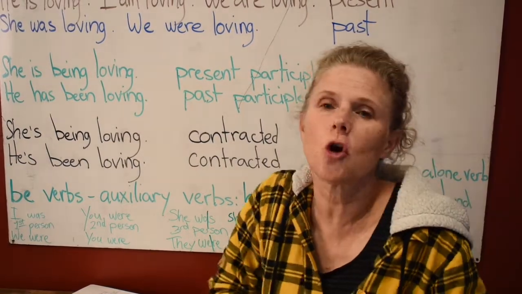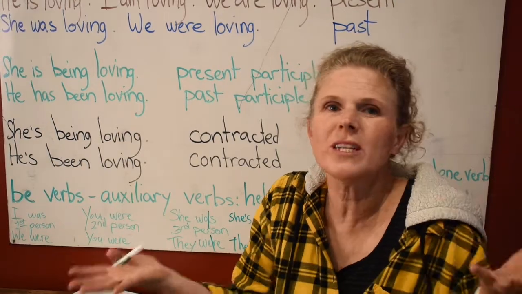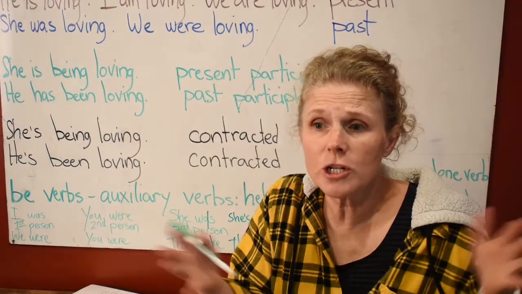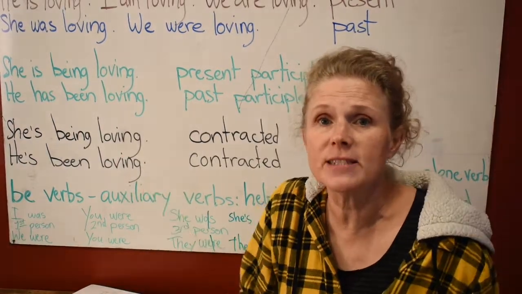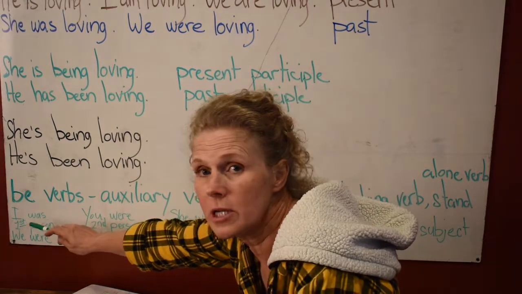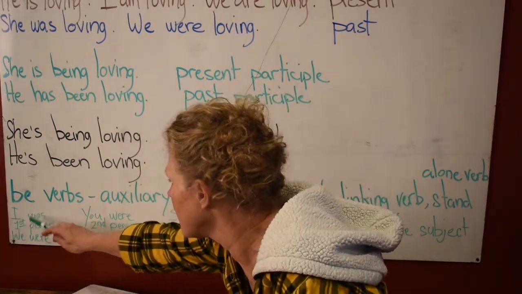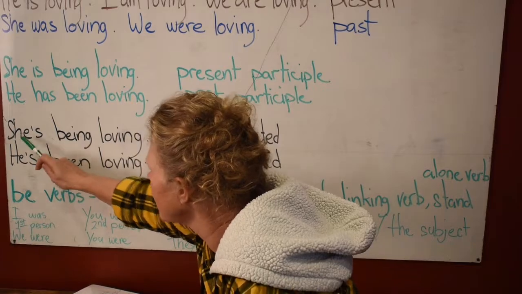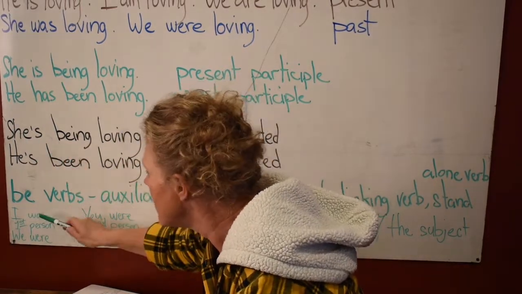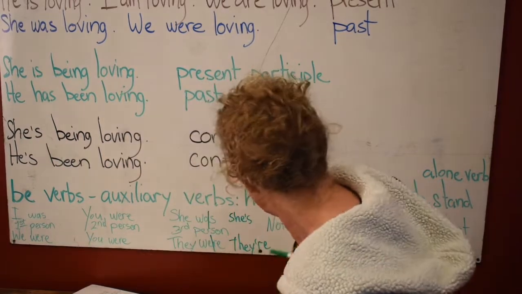Which I think is so much fun, you guys, to think, what changes all the time? It's the present tense. When you conjugate a verb, it's the present tense that changes. It's the present tense that you contract your subjects and your verbs together, not the past.